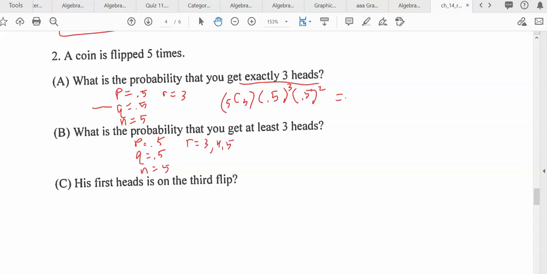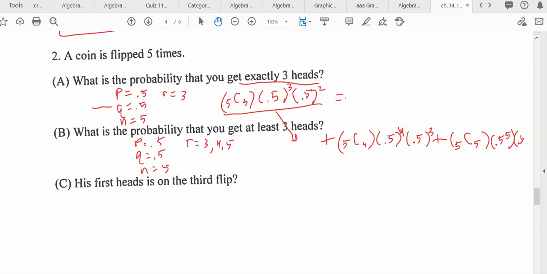We've got to do that thing 3 times, so that plus NCR, so 5 choose 4, 0.5 to the 4th, times 0.5 to the 3rd, plus, now we've got to plug in 5 as well, so 5 choose 5, 0.5 to the 5th, times 0.5 to the 0. And type that in your calculator and get it.